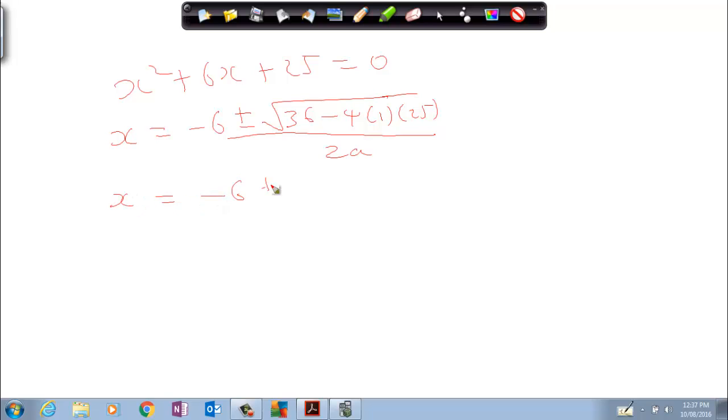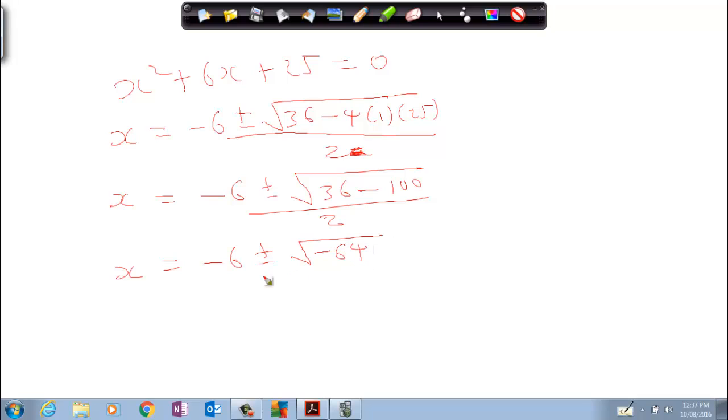Simplifying that, we have the square root of 36 minus 100, all over 2a, which is 2 times 1, all over 2. So that's minus 6 plus or minus the square root of negative 64 all over 2.